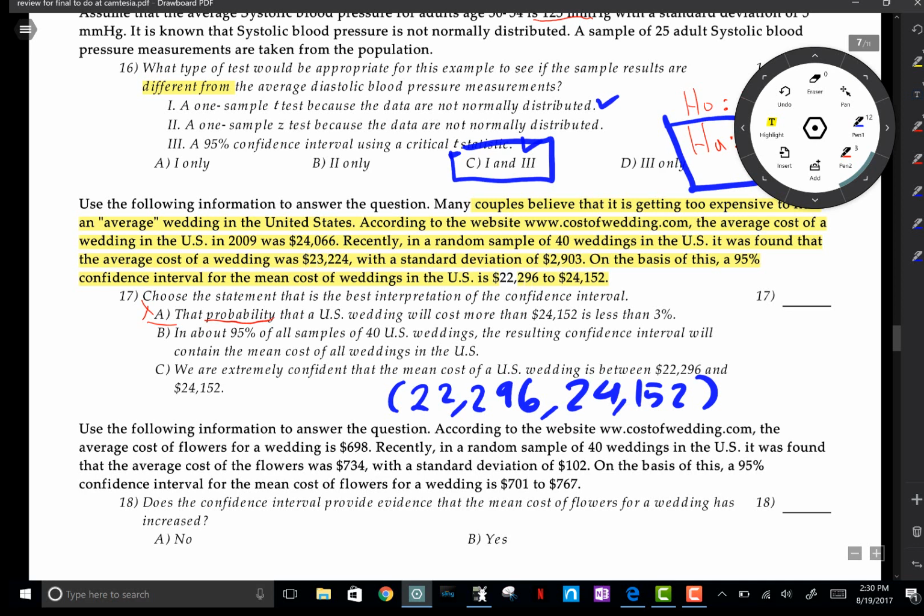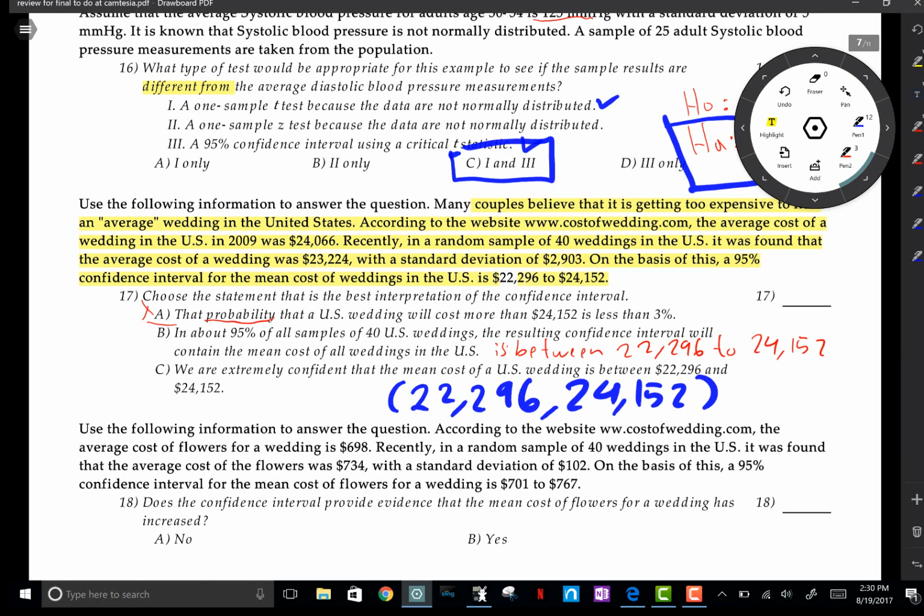I would have liked it to mention the confidence interval, saying that the wedding cost is between 22,296 and 24,152. But B is doing an okay job on it.